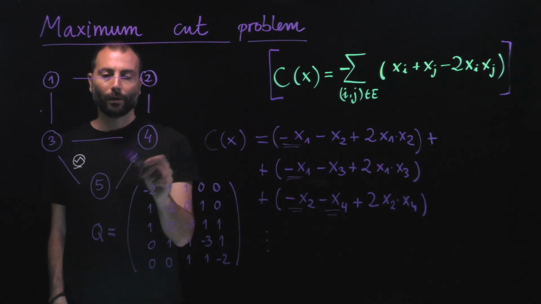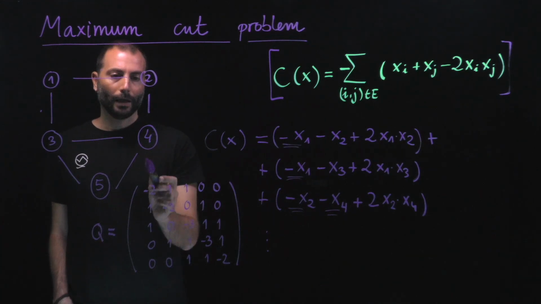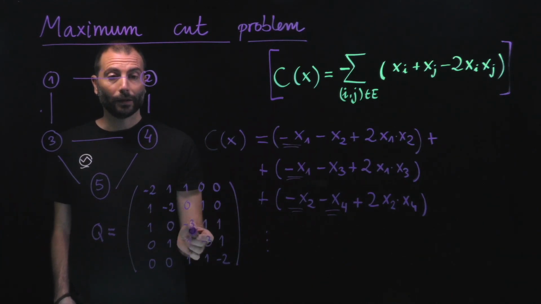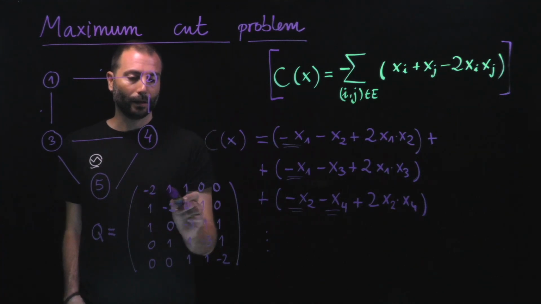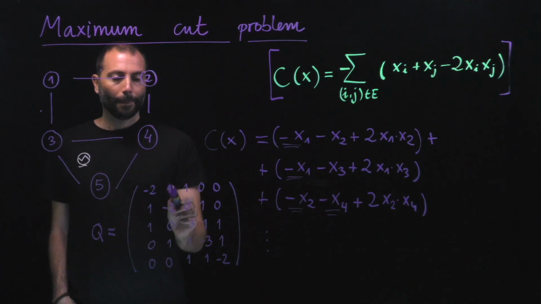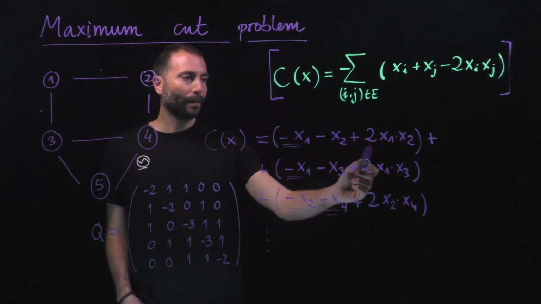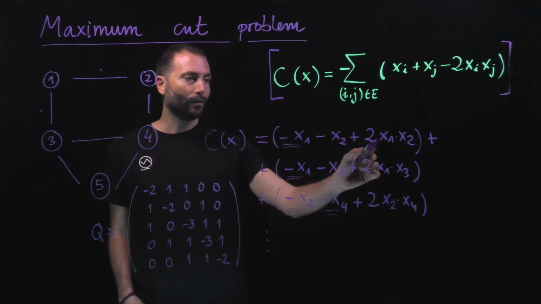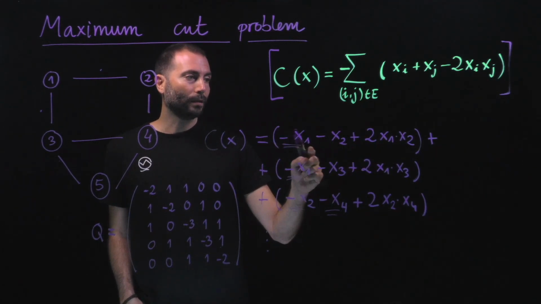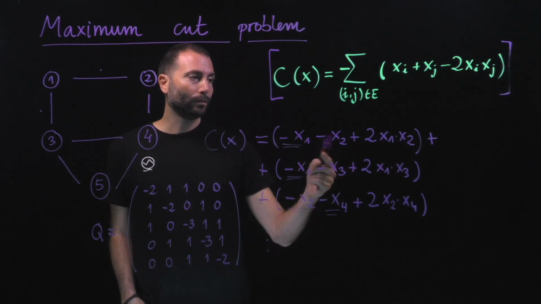And the same happens with the other side. Vertex number 4 has degree 3, so it should have a diagonal element in the Q matrix that is -3, and indeed it's -3, and so on and so forth. The rest of the elements are always 1, because although here it appears a global factor 2, this 2 can be decomposed in x1 times x2 plus x2 times x1.